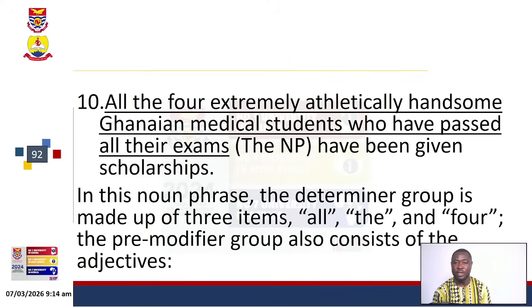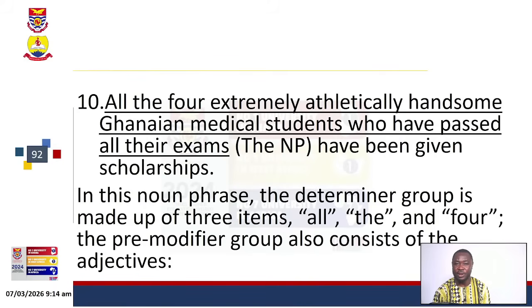All the four extremely athletically handsome Ghanaian medical students who have passed all their exams have been given scholarships. So we can say they have been given scholarships. What it means is that all these words constitute just one noun phrase. In this noun phrase, the determiner group is made up of three items: all, the, and four.